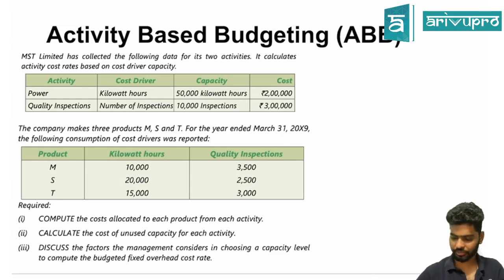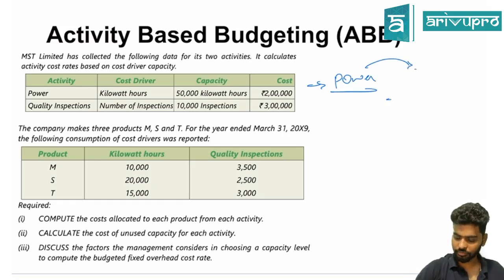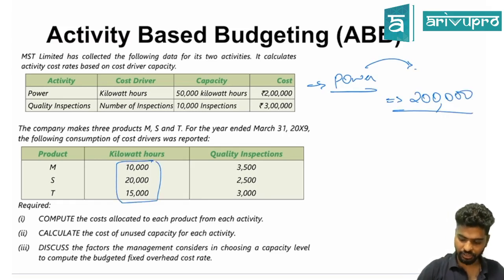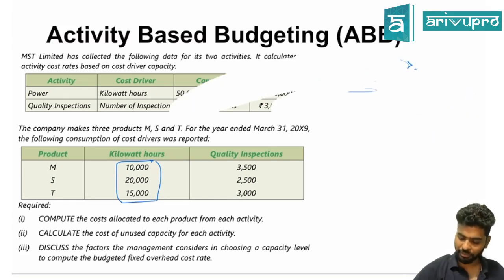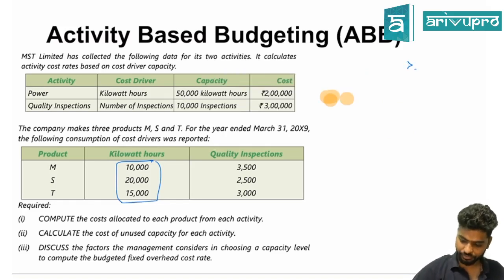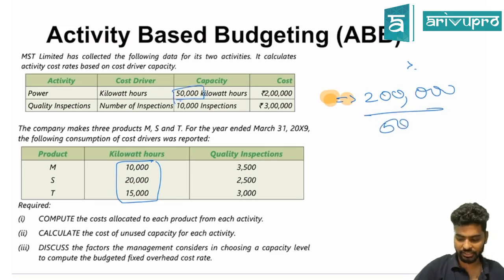For the power, I'll take the total cost, 2 lakh, and divide by my capacity. Sorry, for power they're saying 2 lakh is the cost and my capacity is 50,000 hours.